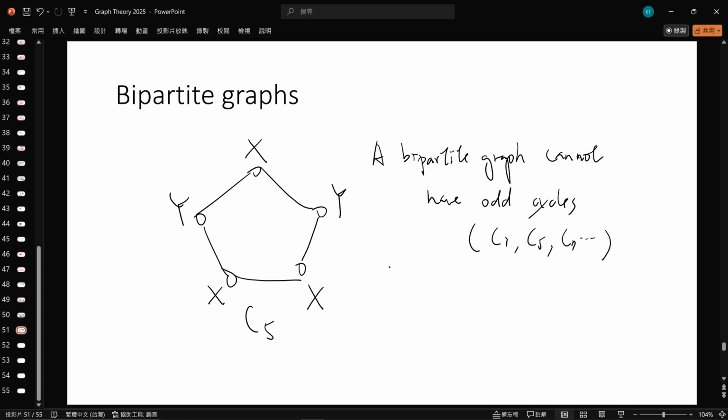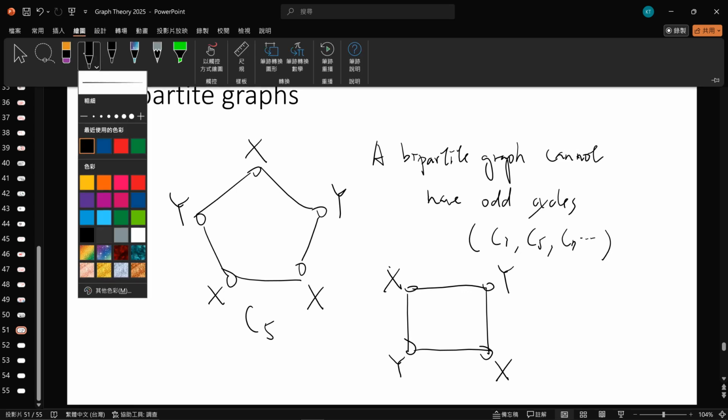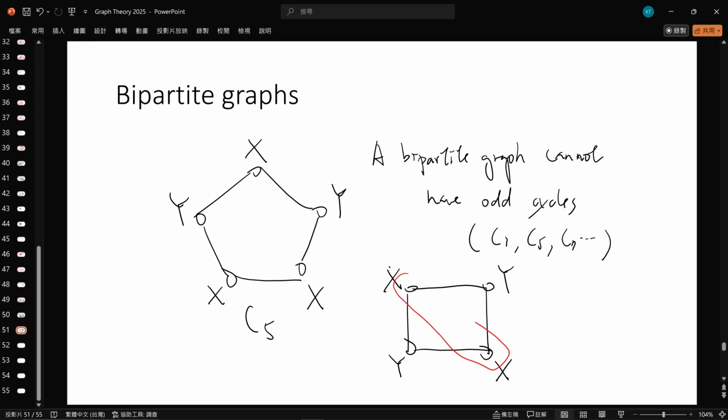Okay, so can we have even cycles in a bipartite graph? For example, like this one, a square. Is this one a bipartite graph? Visually, it may not look like a bipartite graph where you have two parts, X and Y. But actually, this one is bipartite. The way we divide this vertex set is like this.